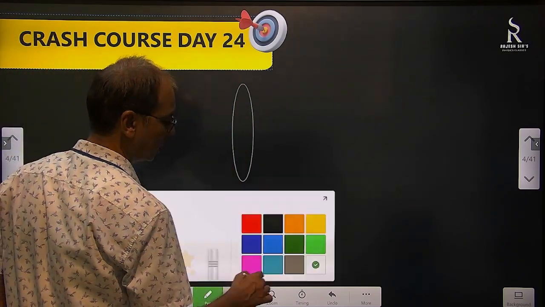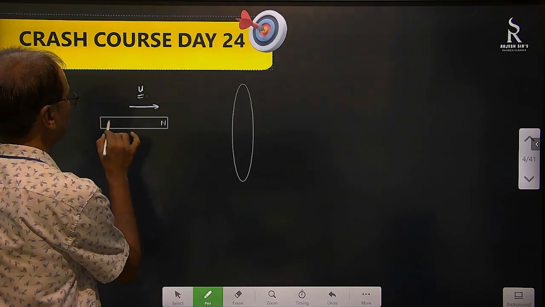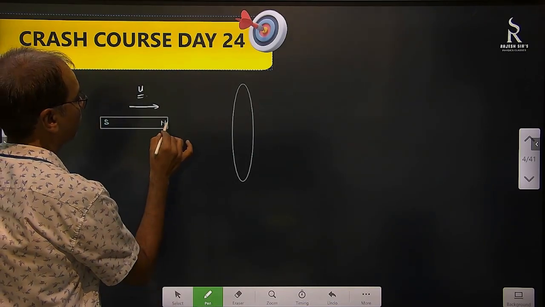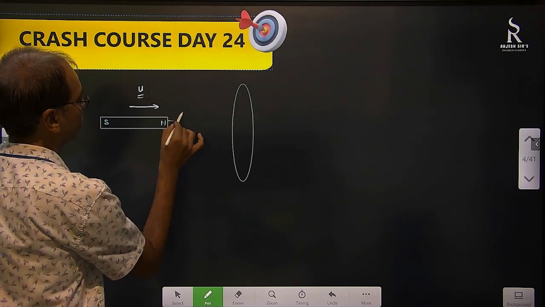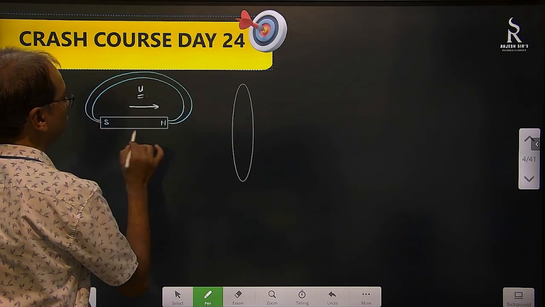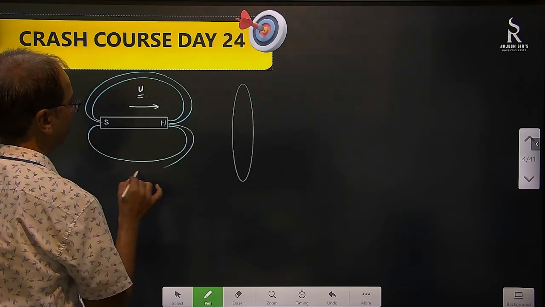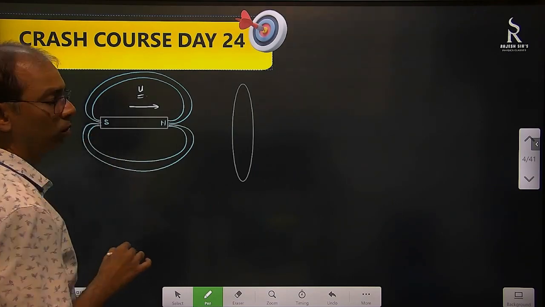Suppose this is north and this is south, and its magnetic lines we can make like this.